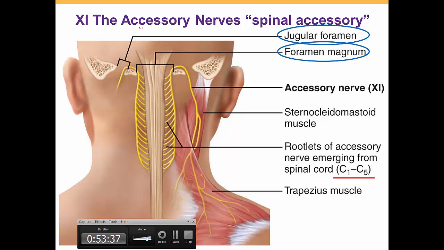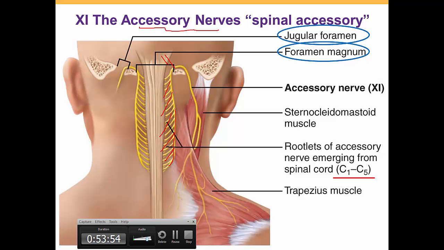Next is my accessory spinal nerve, which is cranial nerve number 11. And this one is kind of a weird nerve because it has a spinal part and a cranial part.